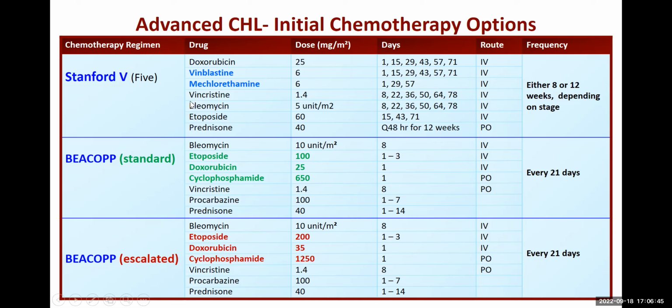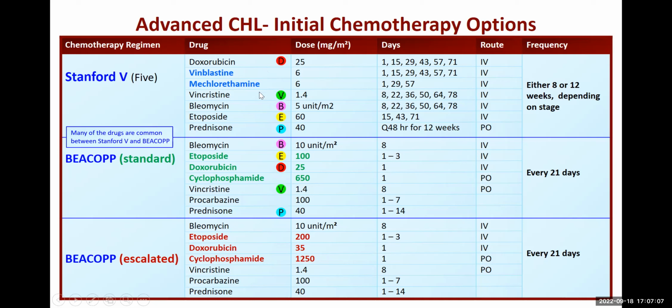And these are the drugs. So what is the difference between these two? Many of the drugs are common between Stanford 5 and BCOP that you have seen, okay? Doxorubicin is here, doxorubicin is here, etoposide is there, etoposide is here, bleomycin, vincristine. So what is the difference?